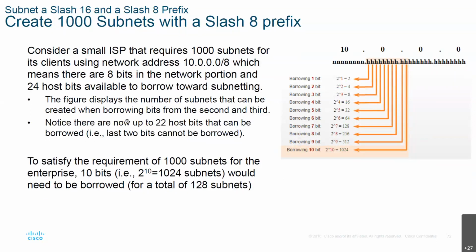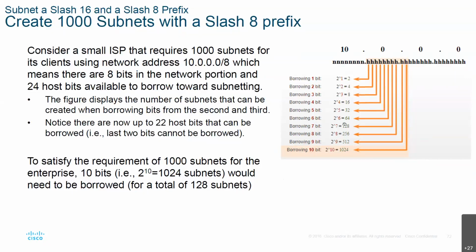So, the figure displays the number of subnets that can be created when borrowing bits from the second and third octets. If you want to create 2 subnets, then instead of /8, make it /9. There, you have 2 subnets.